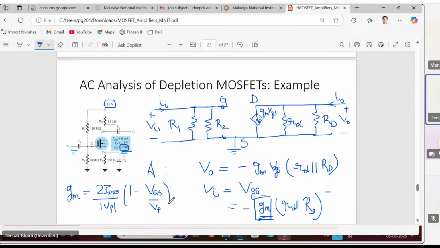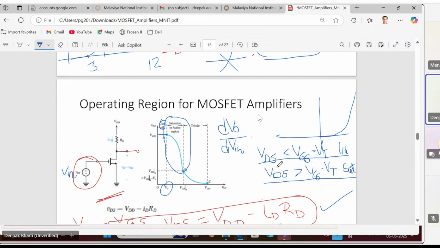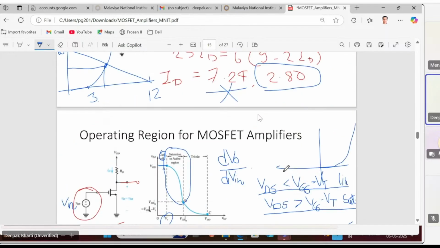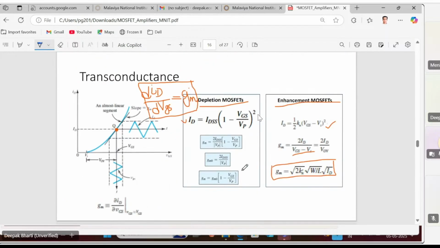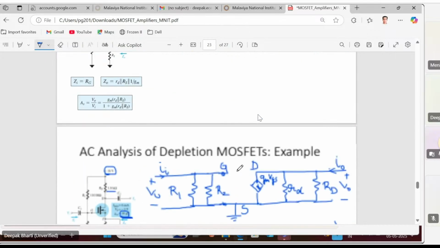This was the expression. If I go back, you can see transconductance. Yes, we are using this particular transconductance expression: twice of IDSS by mod Vp into 1 minus VGS by Vp.